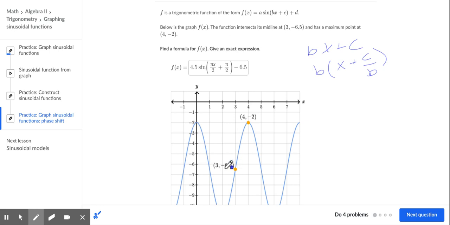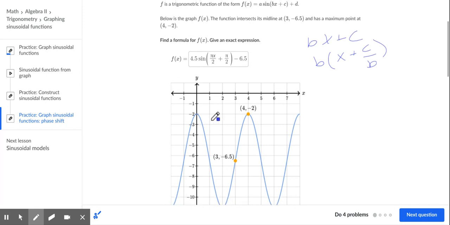Negative 6.5 minus negative 2 is negative 4.5, but amplitudes are absolute values, so it's positive 4.5. So those are the easy parts: I'm given my midline, negative 2, and to negative 6.5 that distance is 4.5. Just subtract them to get that. That's pretty straightforward. And then I have to figure out my period and my shift.